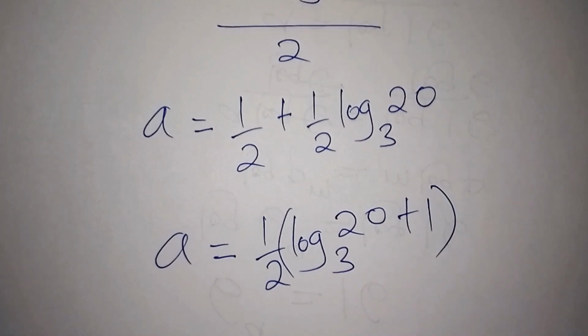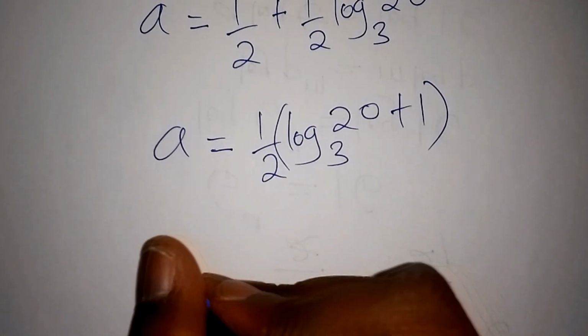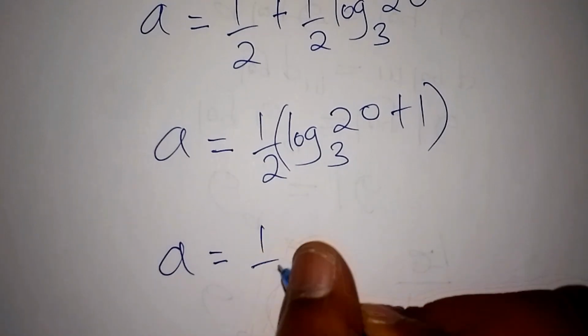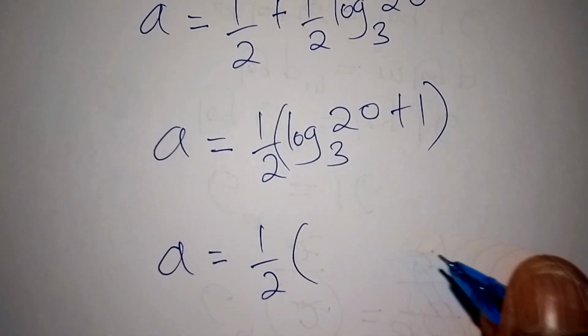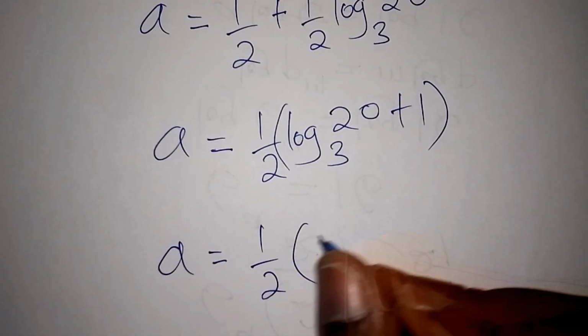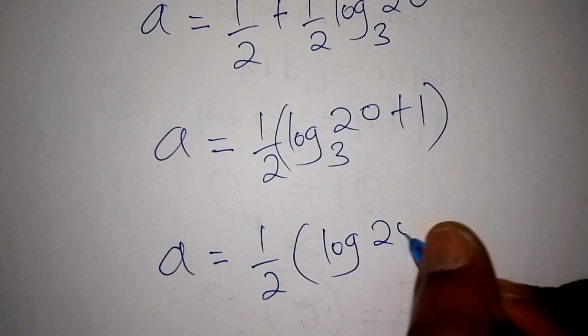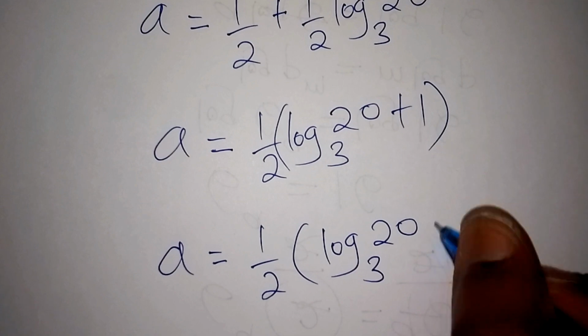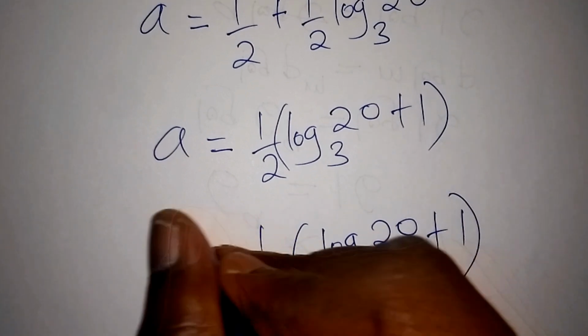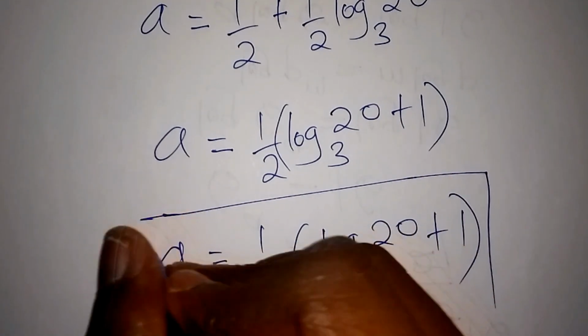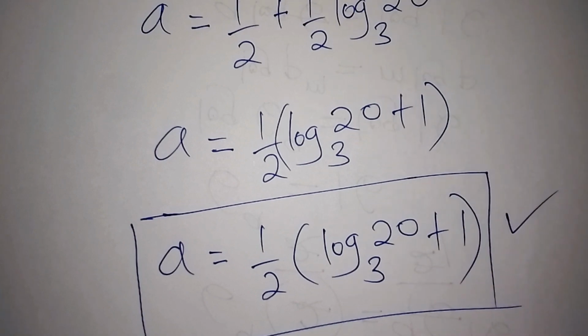So finally we shall write it properly: our value for a is equal to 1 over 2 into bracket, the log of 20 to the base of 3, add 1. This is now the correct way of working out this maths problem.